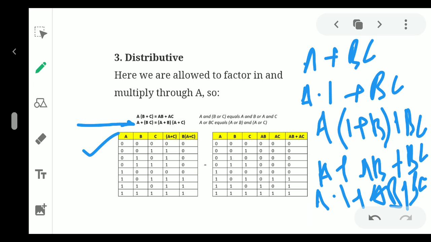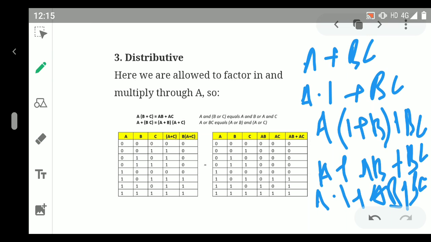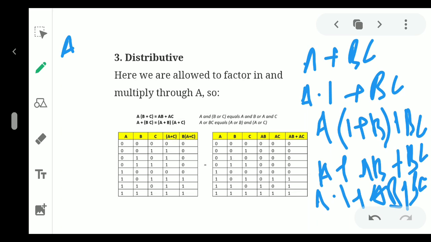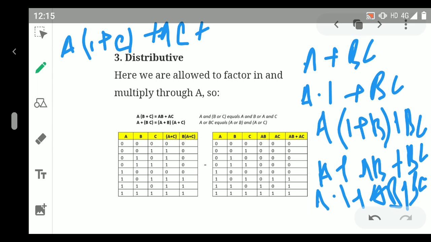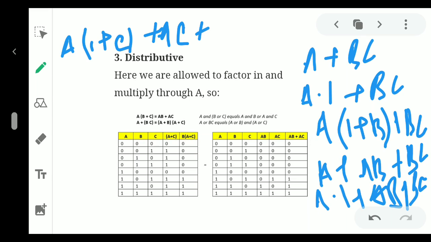Now I am carrying forward. In this one, we can write A into 1 plus C, plus AB plus BC.